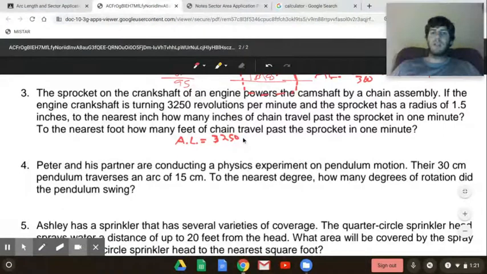So we have 3,250 rotations times our circumference, which is 2 times pi times r, which is 1.5. Again, it's how many times around. We're going around this 3,250 times. One time around is 360, twice around is 720, 3 times around is 1080, right?